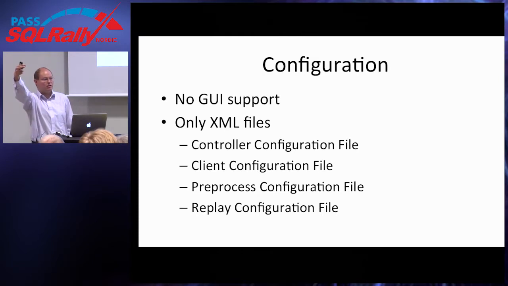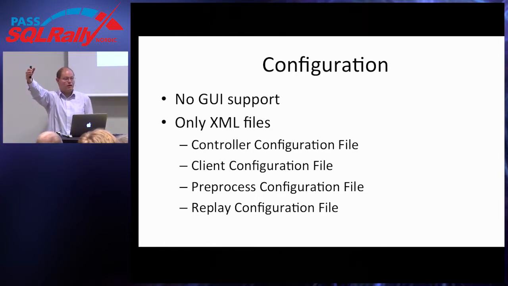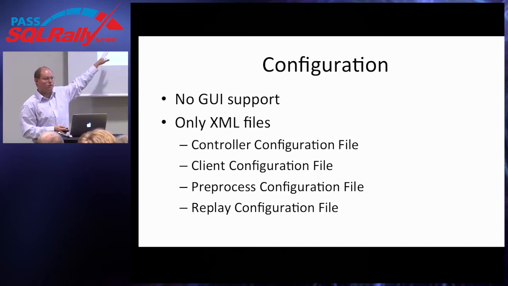When we are starting the replay of our workload, in the first step we have a so-called pre-process phase, which just distributes those events that we have captured to the various clients. This pre-process phase can be configured through a configuration file, and finally the replaying itself also has its dedicated configuration file. They are all documented in books online, but as I've said, it's just XML. Don't expect too much here.